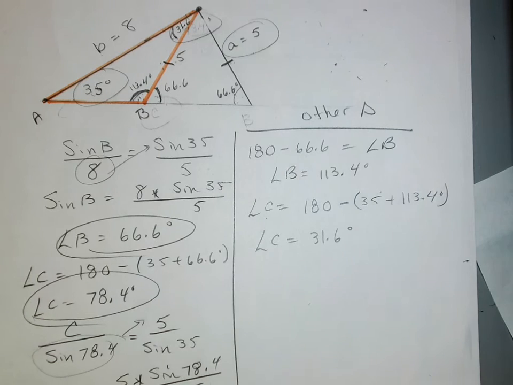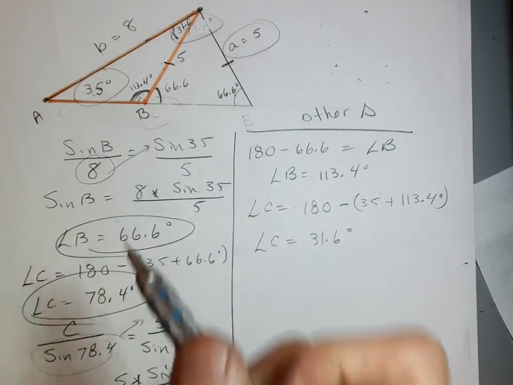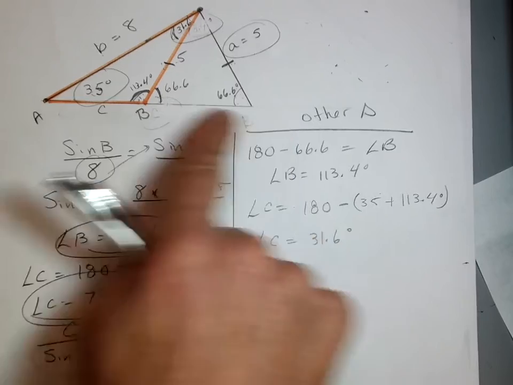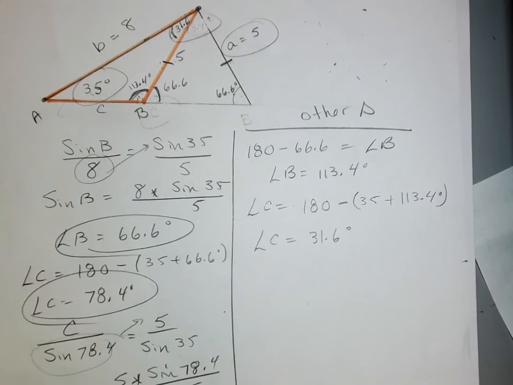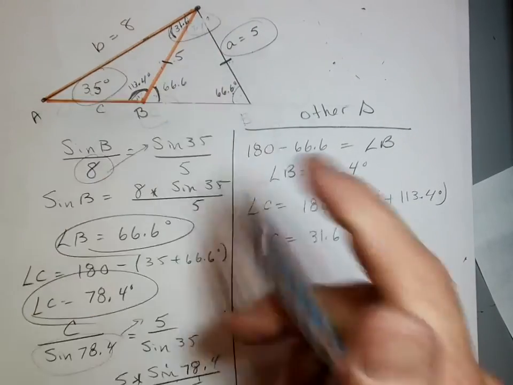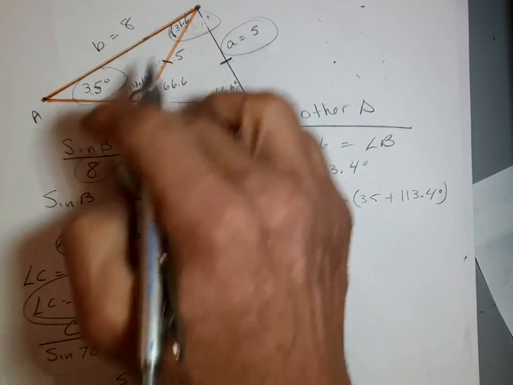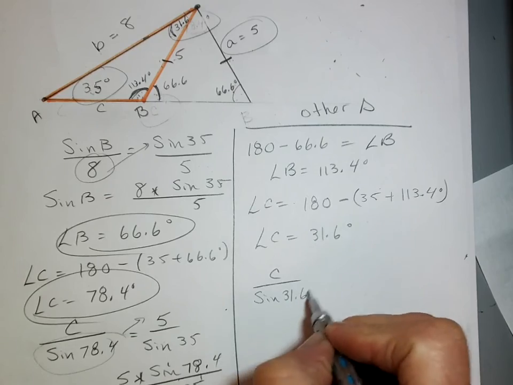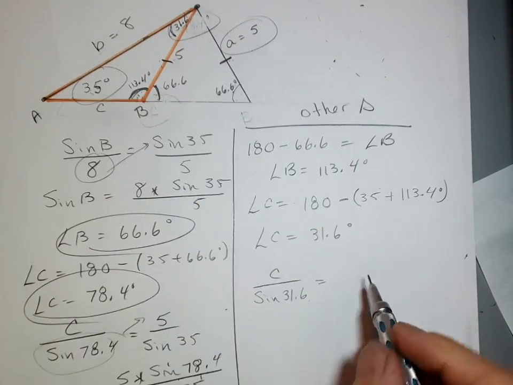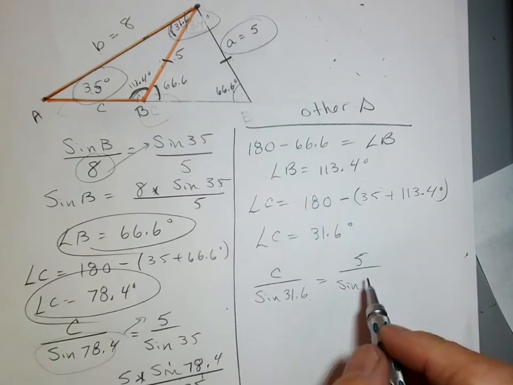We're working again on the orange triangle. Now, I haven't found all of the orange triangle yet because I need to find this side. That's little c, which is certainly shorter than the original. I want that side, but I'm going to set up the same way with opposites, the same way we did down here, but with different numbers. Side c over the sine of its opposite angle will equal side a, which is the 5, over the sine of its opposite angle.